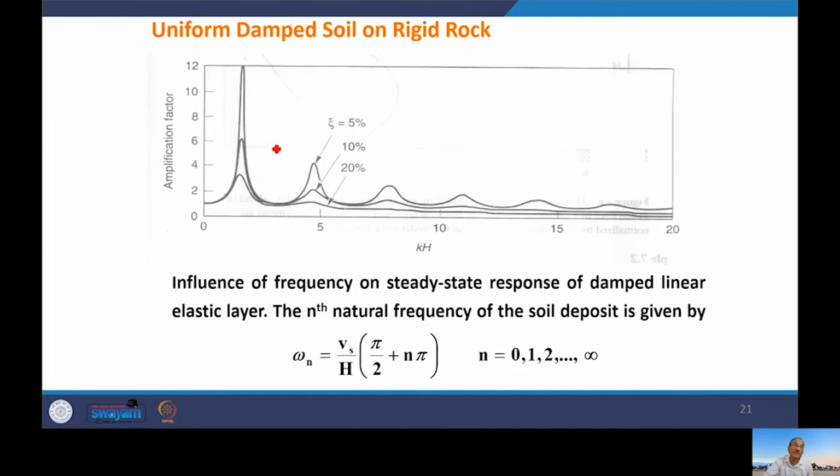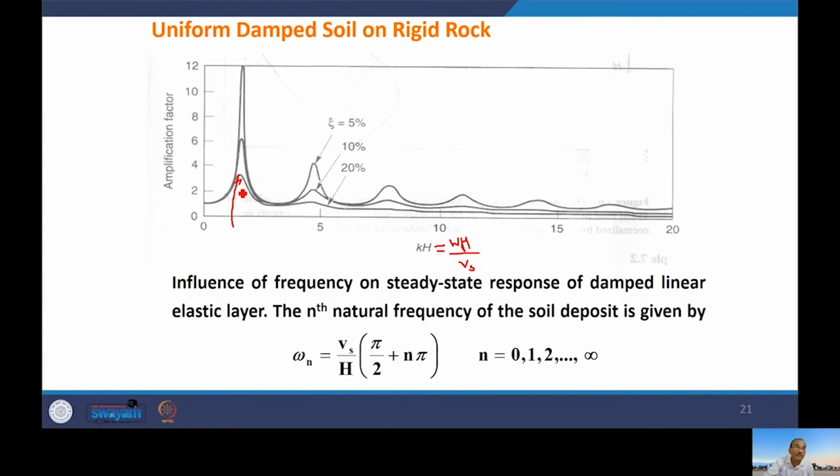So this is the result when you consider the damped case. What is in this result? The amplification factor, where kH, which is nothing but omega H over Vs, is varying. Before we go with this, let me relate it to these peak values, where the peaks are coming.